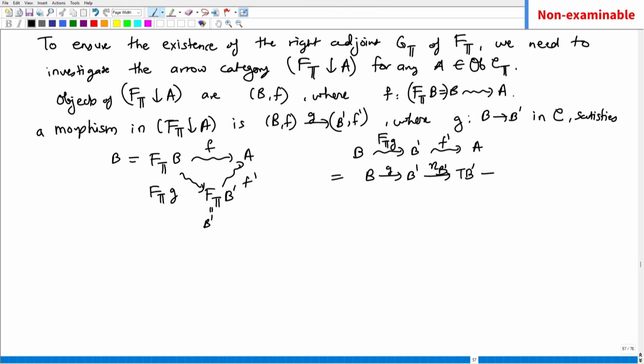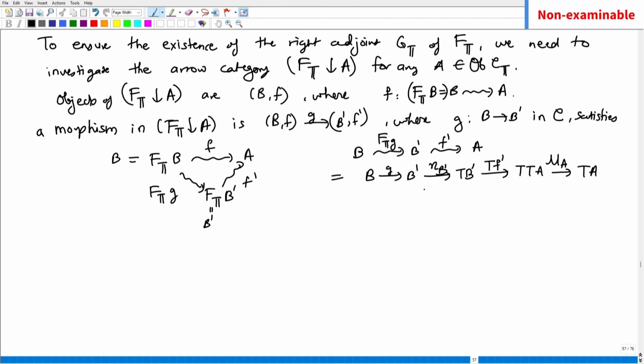But F prime is a morphism from B prime to TA. So you have to first take T of F prime to TTA, followed by mu sub A. Okay. Now, obviously you can see there is some diagram that we have to use.